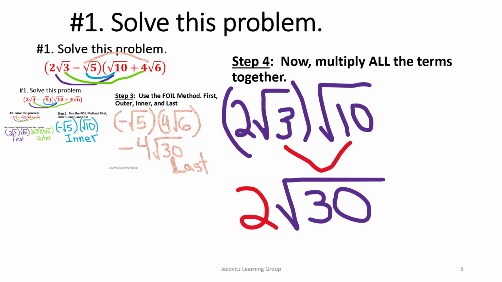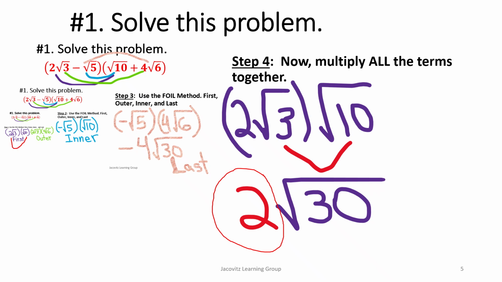2 times, this is small, but try to look at what's going on. The square root of 3 times square root of 10 comes to 2 times square root of 30. So that's one term. Just get the concept. This 2 gets left alone because it is not inside the bracket. It's by itself.